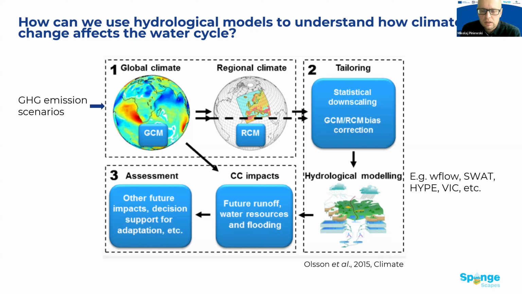And these pre-processed inputs are then used as forcing to hydrological models, those that were already introduced in the previous talks. The final stage of this workflow is the impact assessment, risk analysis, and these kind of things.